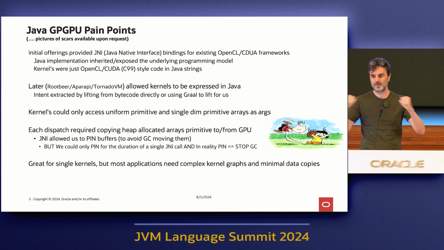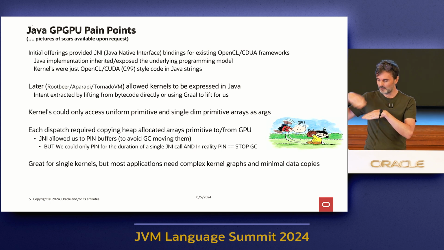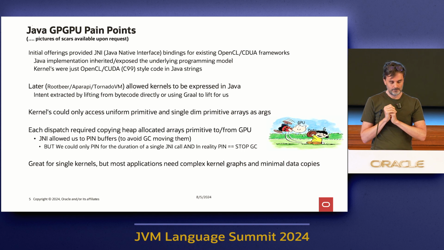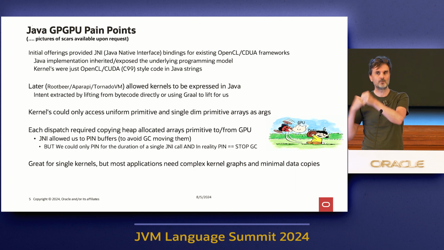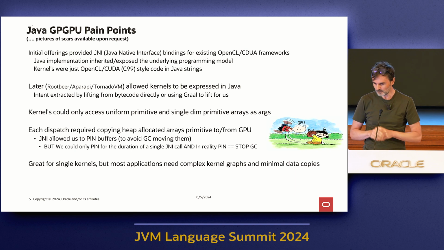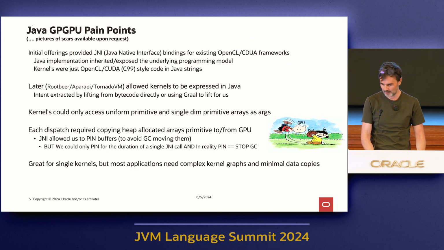You have to minimize these things. The more copies you have, the more the GPU can't do its thing, doing all the parallel processing. So this is all great for single kernels, but most real-world applications are arguably multiple kernel. The host may interact and call multiple kernels to do its job. And this is where some of the current state-of-the-art falls down.